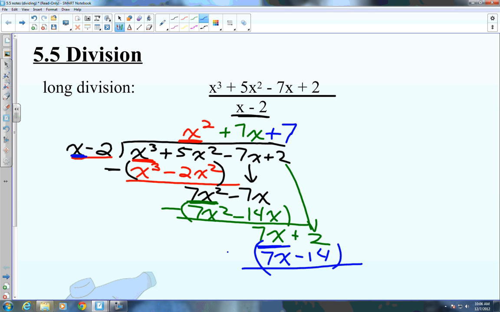I'm subtracting, so 7x minus 7x is 0. 2 minus a minus 14 is 16. Now, x can't go into 16. So that's my remainder. To deal with the remainder, you write it up here at the top, plus 16 over the divisor, which was x minus 2.